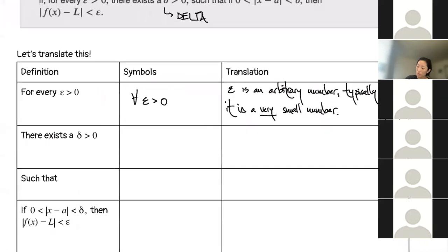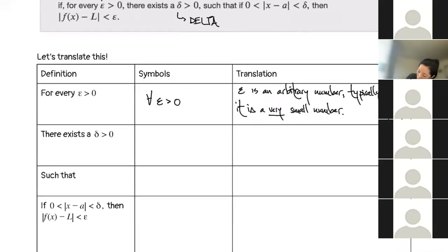This upside down A is the same as for every, or sometimes we say for all.